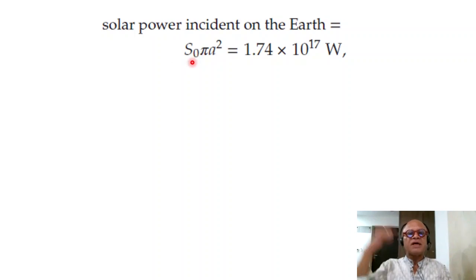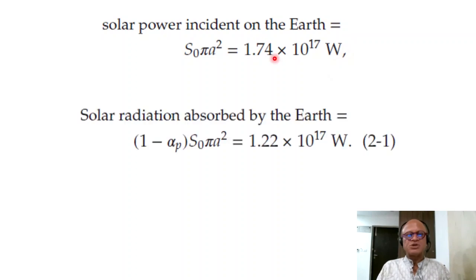Take that, multiply by the area of the disk that's intercepting the energy. That gives you this number of 1.74 times 10 to the 17 watt. So the energy coming in is about 342 watts per meter squared, but when you multiply it by an area, the meters per meter squared is gone, and you have total energy.